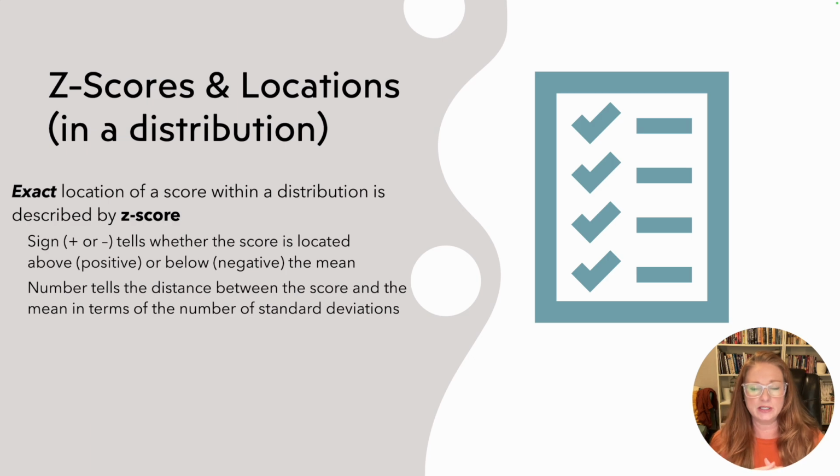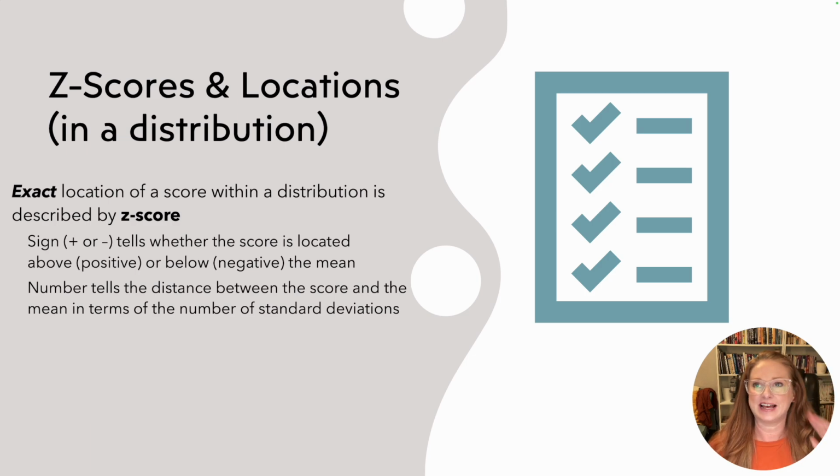A z-score has two things: a sign and a number. The sign tells me, am I above the mean or below the mean? If I have a positive z-score, I know that my raw score, whatever that was, is above the mean. Please keep in mind, positive does not mean good, negative does not mean bad.